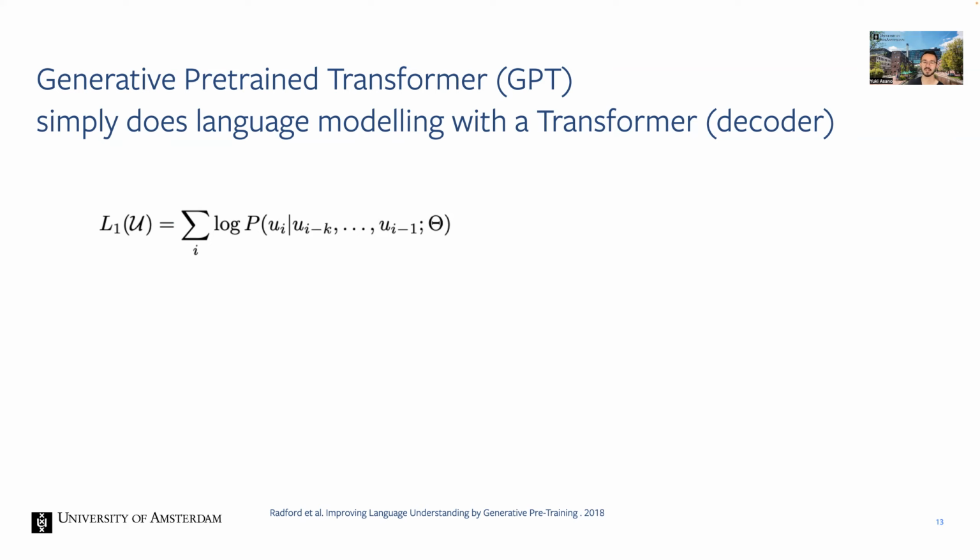So k is the context length in this case. We're trying to predict the word that comes next, u_i at position i. And they're not words at this point, but tokens. Tokens means we're dealing within the language model space.